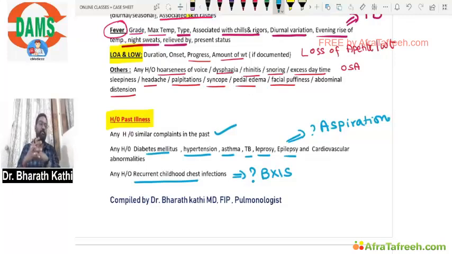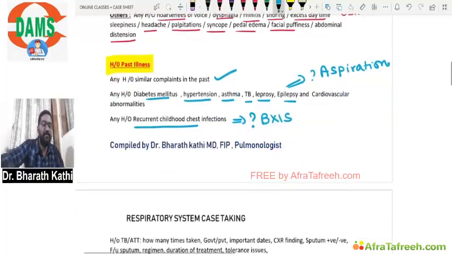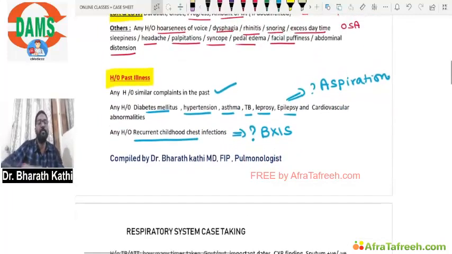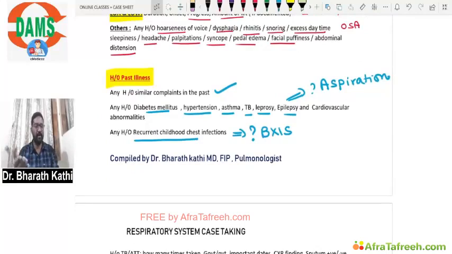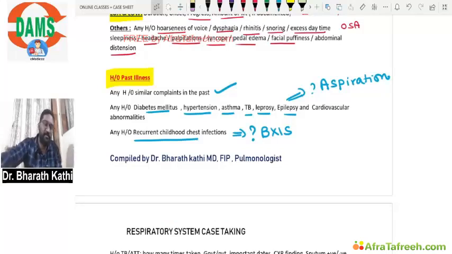So in history of past illness: any history of similar complaints in the past, history of diabetes, hypertension, asthma, TB, leprosy, communicable diseases, epilepsy for aspiration possibility and cardiovascular abnormalities, any history of recurrent childhood chest infections.